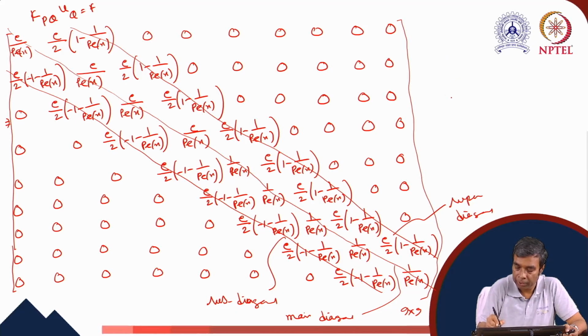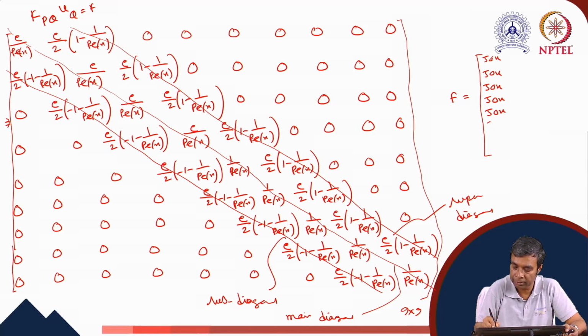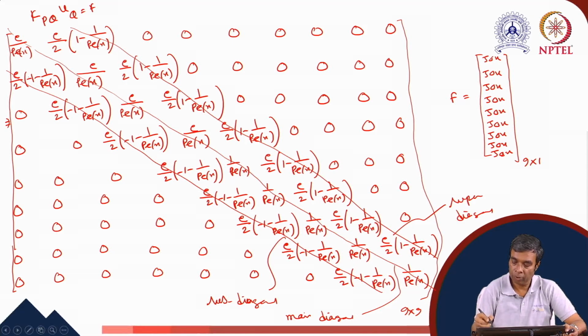Our load vector was F equals to S delta x, S delta x, and so on for all nine entries. So we have a 9 by 1 load vector.